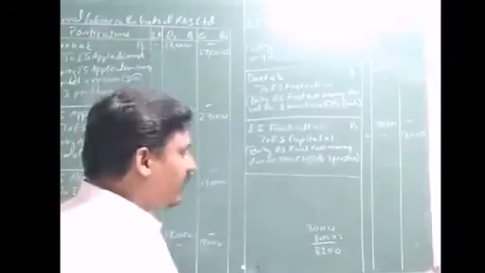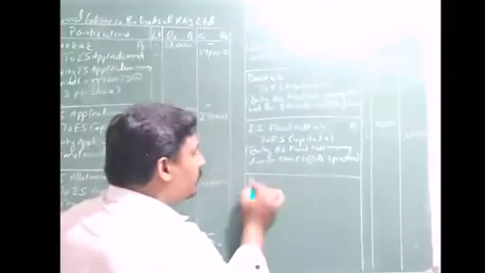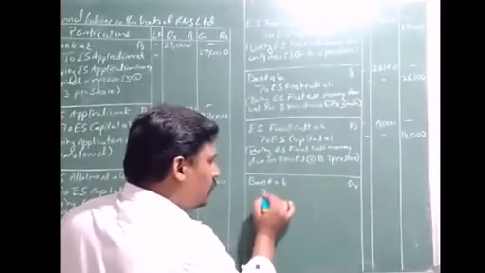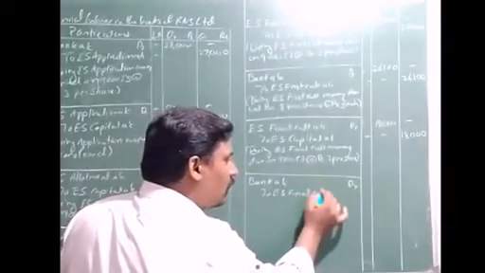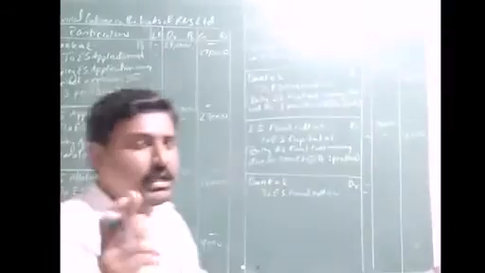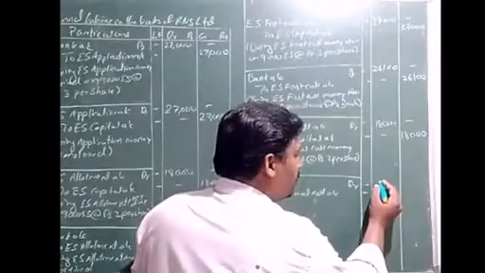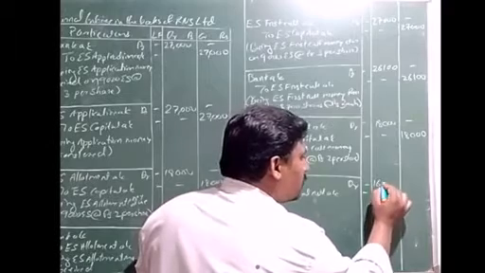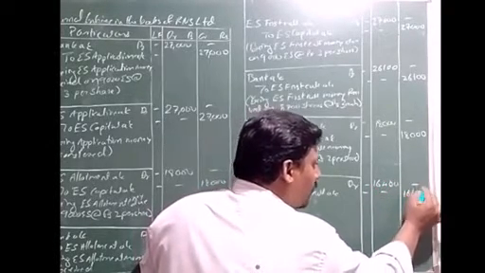So to show the amount collected from the public, the transaction is bank account debit to equity share final call account. On how many shares are we collecting? Sorry, 8,200 shares into 2 rupees, that is 16,400.